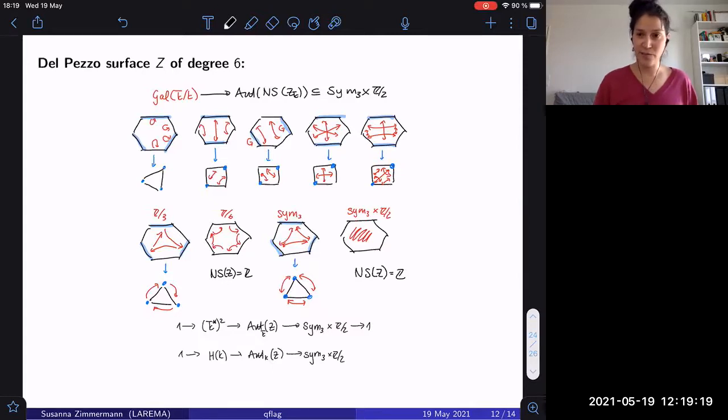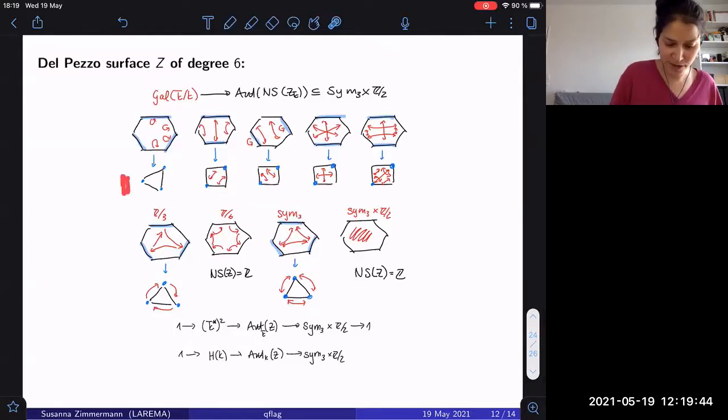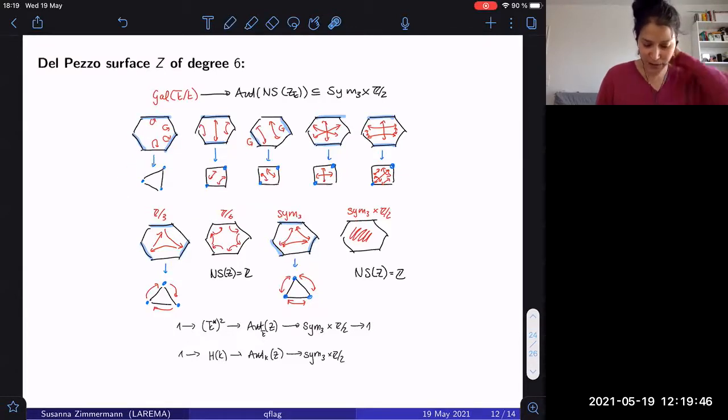A priori, that leaves you all of the options. That gives you 9 possible K-forms, up to rotating the hexagon. This gives you the 9 options that I listed here. Let me go through them quickly. The first one is just the trivial action, and you can contract 3 disjoint sides and you end up on P2. So this is P2 blown up in 3 rational points.